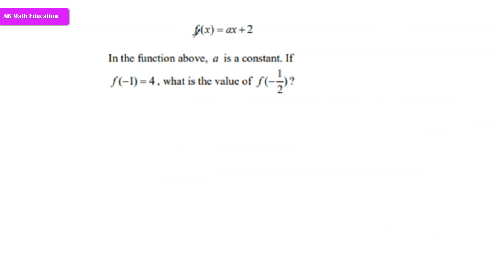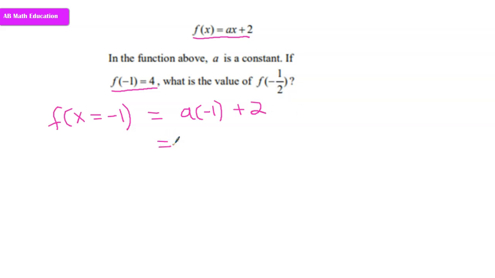So here we have been given the function, and we have been given one of the points in there, and it corresponds to the input and output. So we can equate, and then we can find the value of a, and then we can find our f of negative half. So here we will find when x is equal to negative 1 in the function, wherever we see x we put negative 1, so a times negative 1 plus 2, and that gives us negative a plus 2.